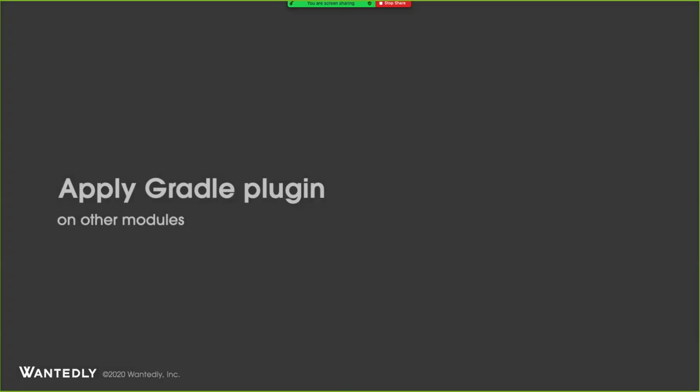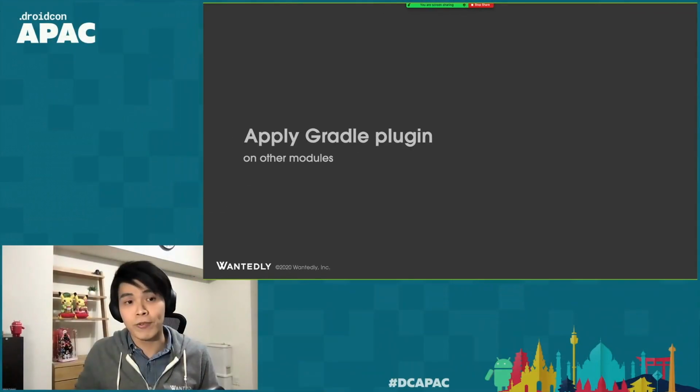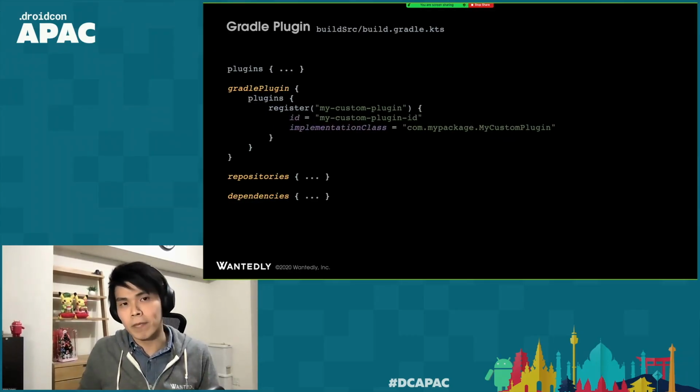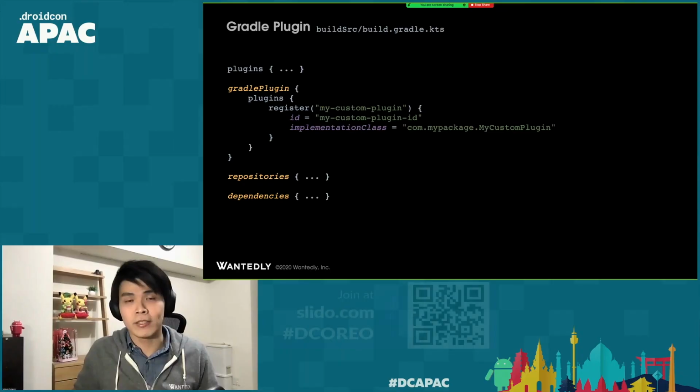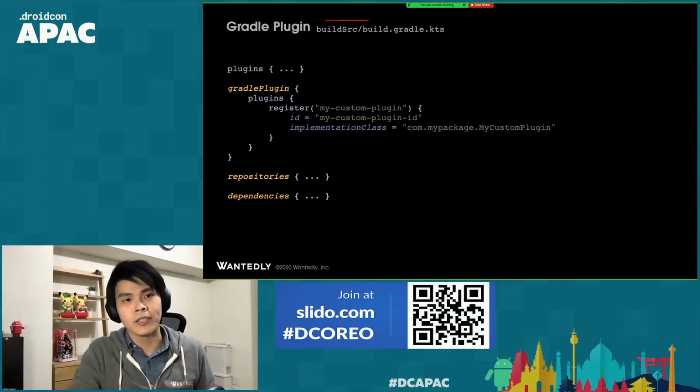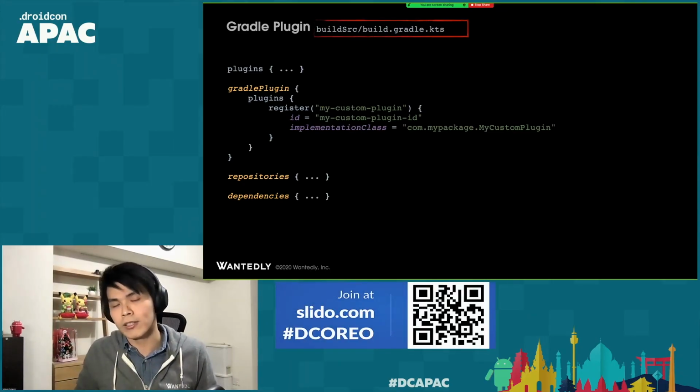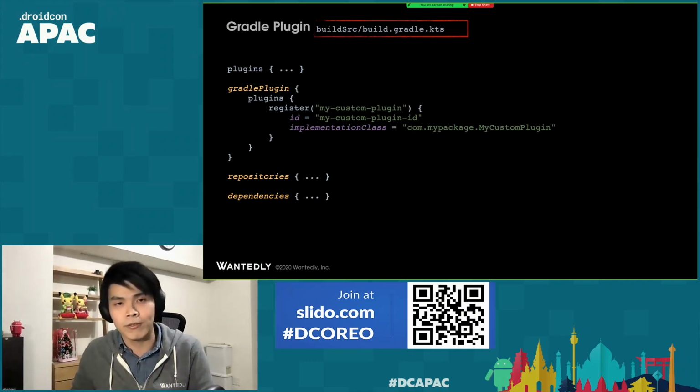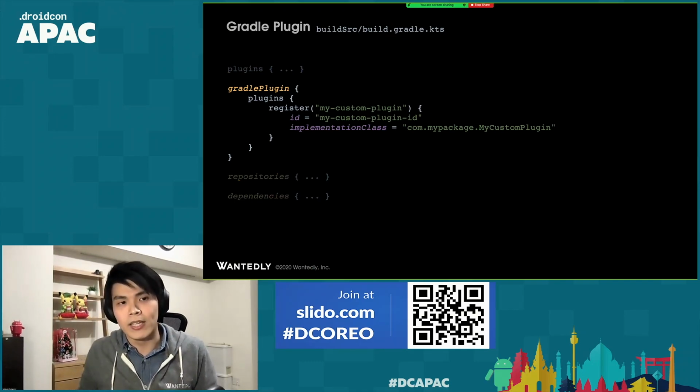Now let's see how we can apply the Gradle plugins that we have created on other modules. Before we are able to apply our Gradle plugins, we need to first register them. So inside the build.gradle.kts file that we previously created inside the build src folder, I will add a gradlePlugin block, and inside it register the plugin that we've just created.